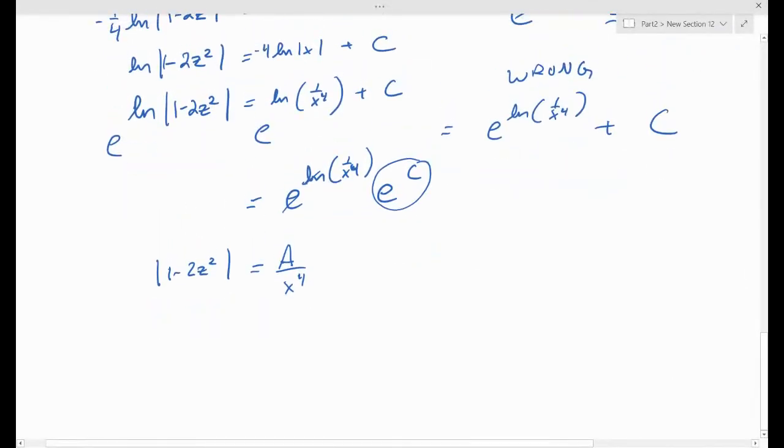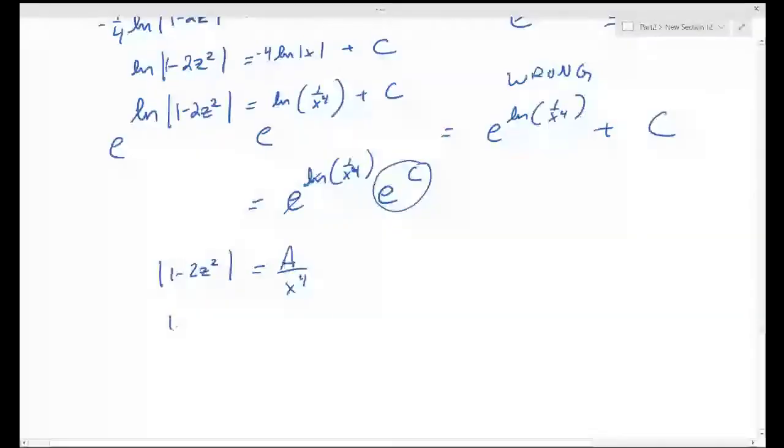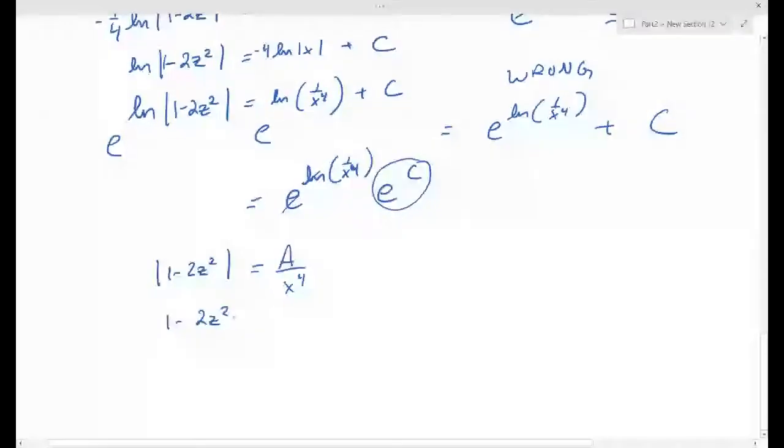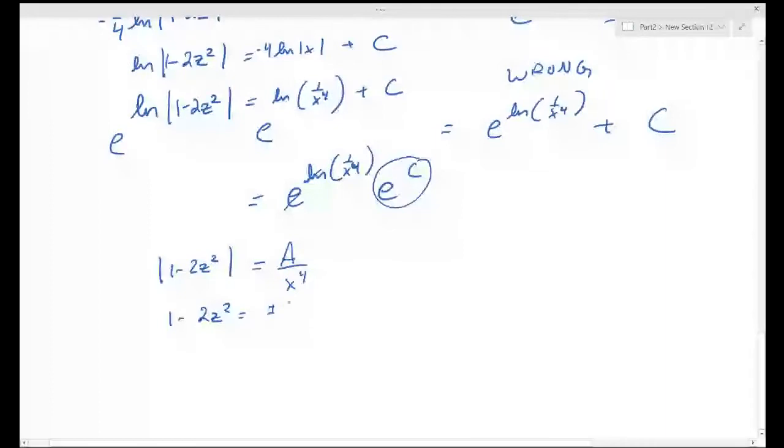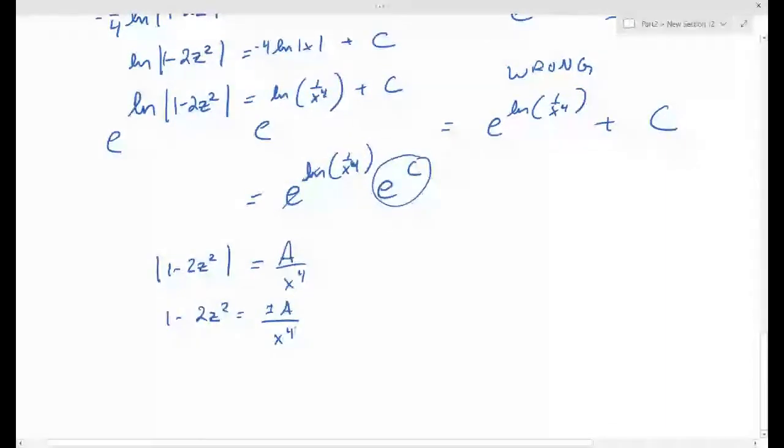All right. So we can say that dropping the absolute value bars, you get plus or minus a. But again, if a is an arbitrary positive constant, plus or minus a is just an arbitrary non-zero constant.